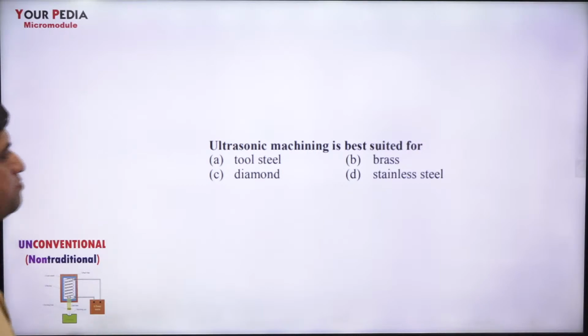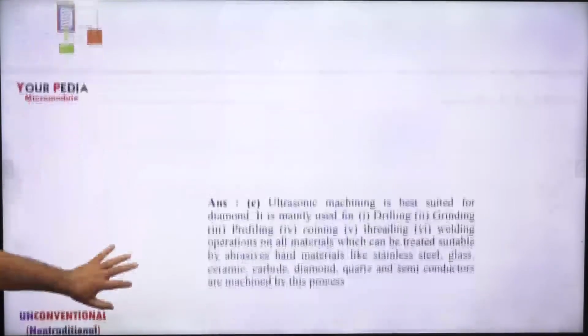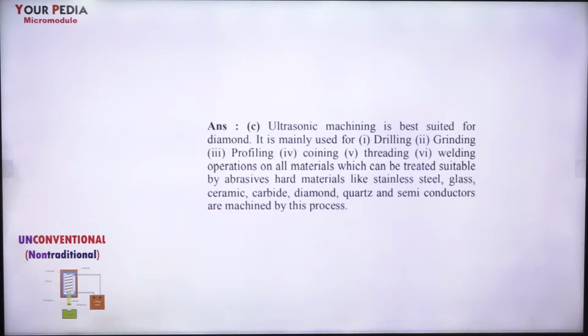Ultrasonic machining is best suited for which of the following? Why diamond? Drilling, grinding, profiling, coining, threading, welding. It is used with abrasive hard materials, and the workpiece is also hard.